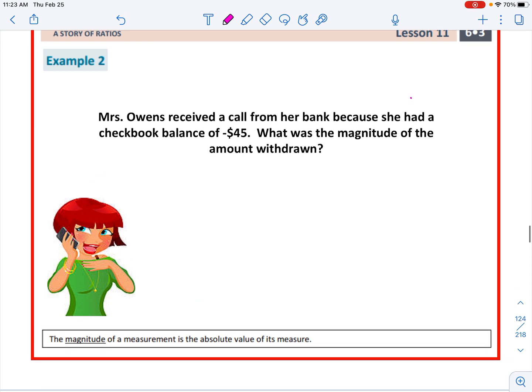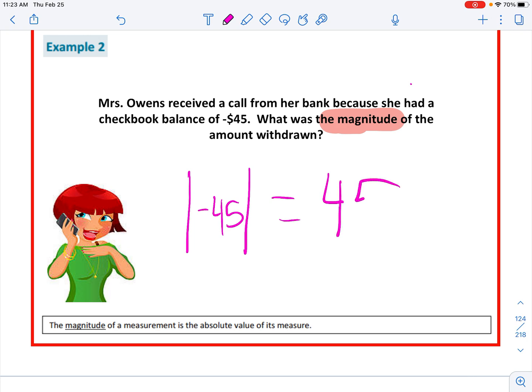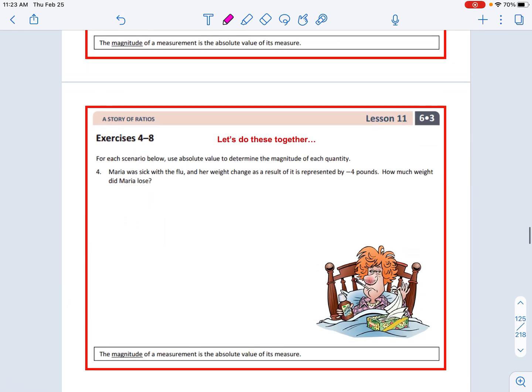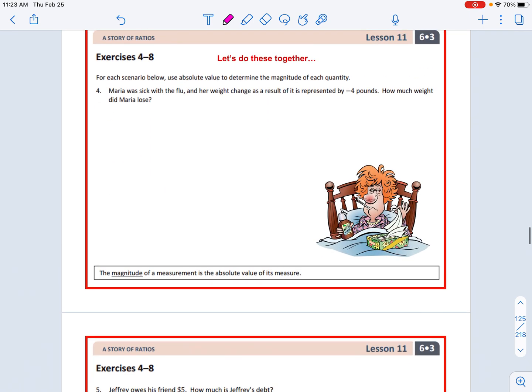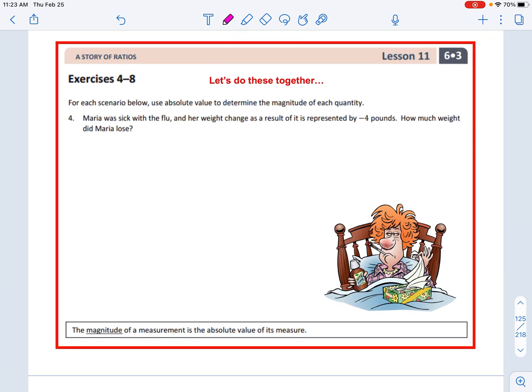Example 2 says Mrs. Owens received a call from her bank because she had a checkbook balance of -$45. What was the magnitude of the amount drawn? Remember, magnitude is just wanting you to find the absolute value. So the absolute value of -45 is what? If you said 45, you are correct. Number 4 says Maria was sick with the flu, and her weight change as a result of it represented -4 pounds.